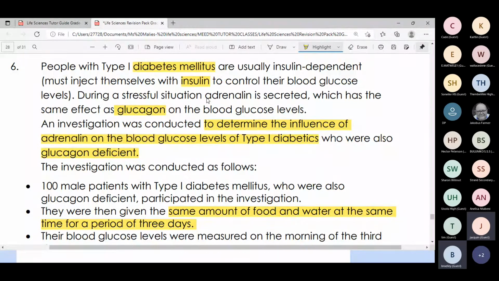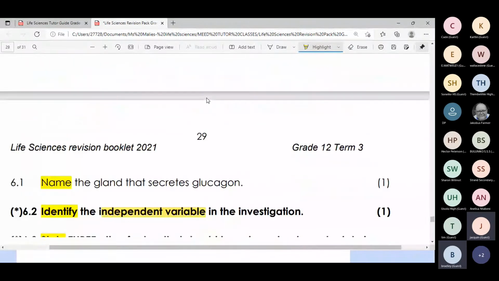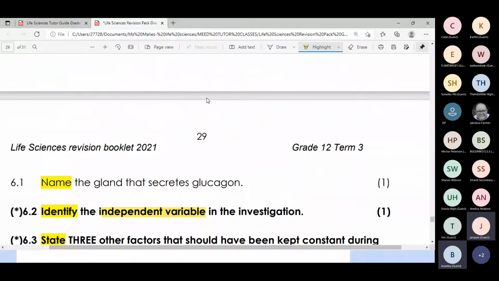And please, by now, you should know how to get to the independent variable, the dependent variable and the fixed variable. I spoke about that when you were reading the question. Also, they might ask you to formulate a hypothesis, and that's why I said highlight the aim as well.